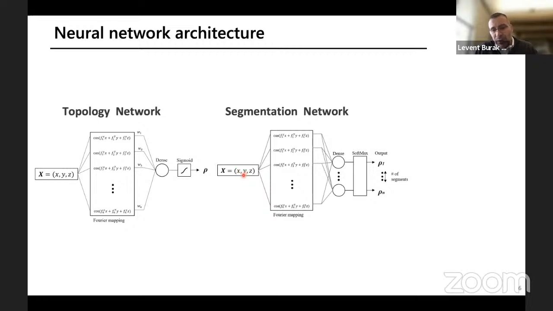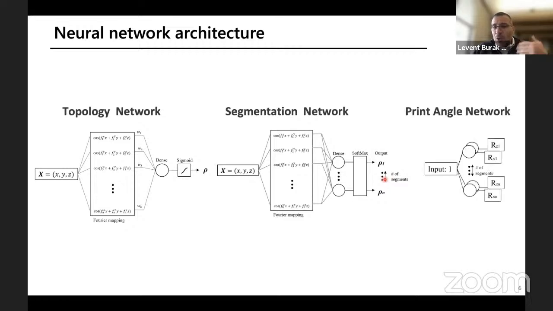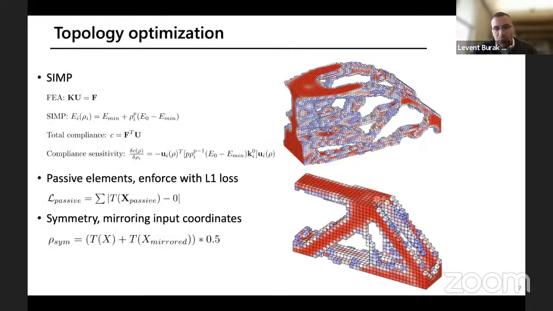We extract these voxel points and then we pass them through a similar layer, but we do a classification at the end to get a class label for each voxel and each density value. And finally, we do print angle optimization on each one of the segments that have been created out of this middle network. So all these three together are assembled in order to attain those three different objectives.